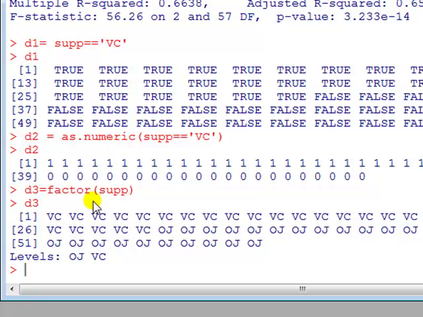So the categorical variable, which is the X variable, is called a factor, and the groups of that factor are called levels. Here you've got 2 levels, OJ and VC. Alright, so that's about it for dummy variables. In this case we've treated it simply because our categorical variable has 2 levels. We can carry this over to when we have more than 2 levels. Alright, hope that's been helpful.